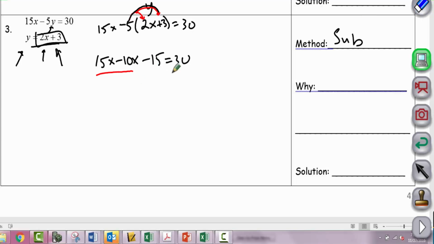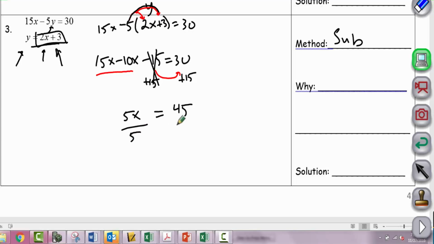So we're going to combine like terms and move this 15, just a number, over to the other side. So that's our step. We're going to add 15 to both sides to move that 15 over. And our 15x minus 10x would make 5x equals, these 15's cross out, 30 plus 15 is 45.